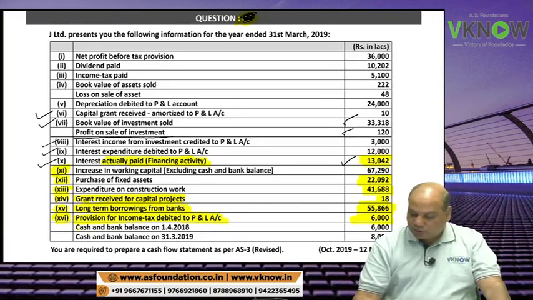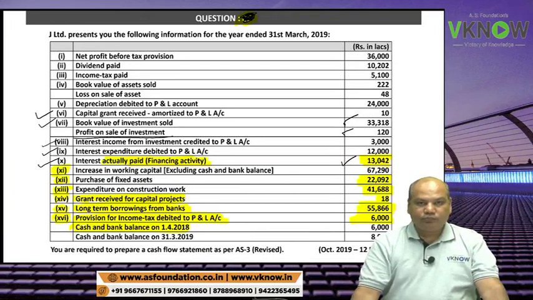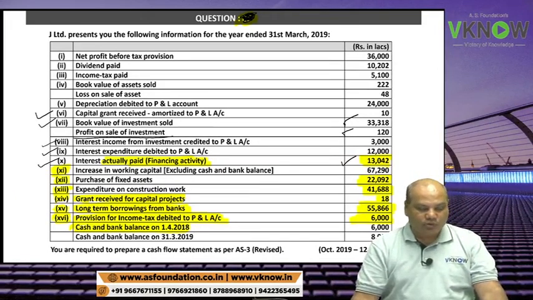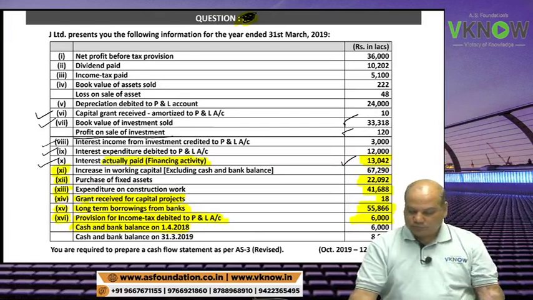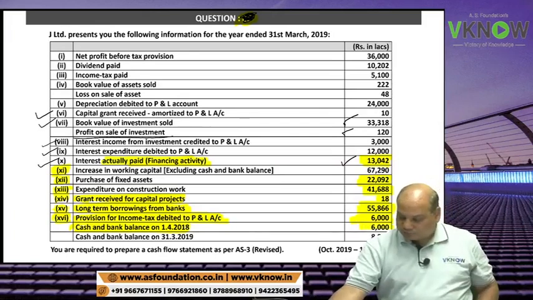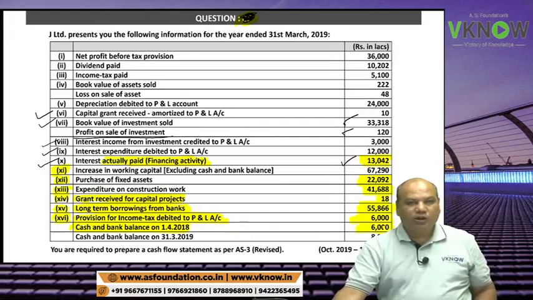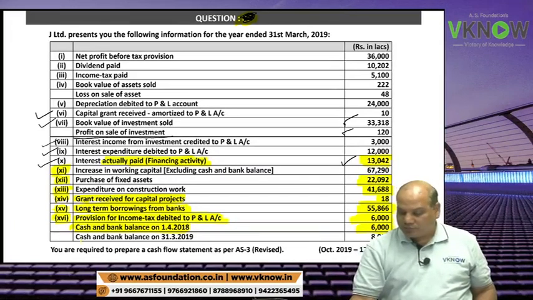Then last two lines, cash and bank balance on 1/4/18, 6,000.